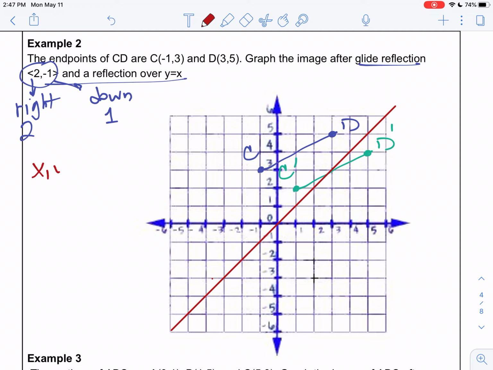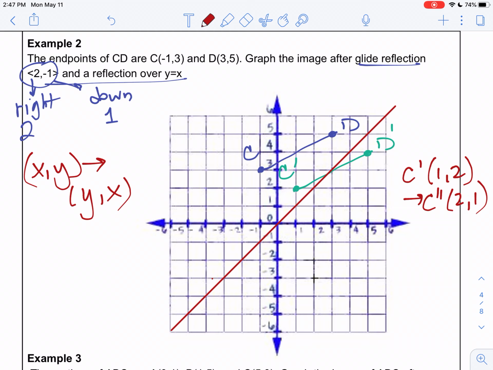The rule for that is we take (x, y) and we flip the coordinates, turn them into (y, x). So C prime currently is hanging out at (1, 2), so C double prime is going to be at (2, 1). D prime is hanging out at (5, 4), so D double prime hangs out at (4, 5).